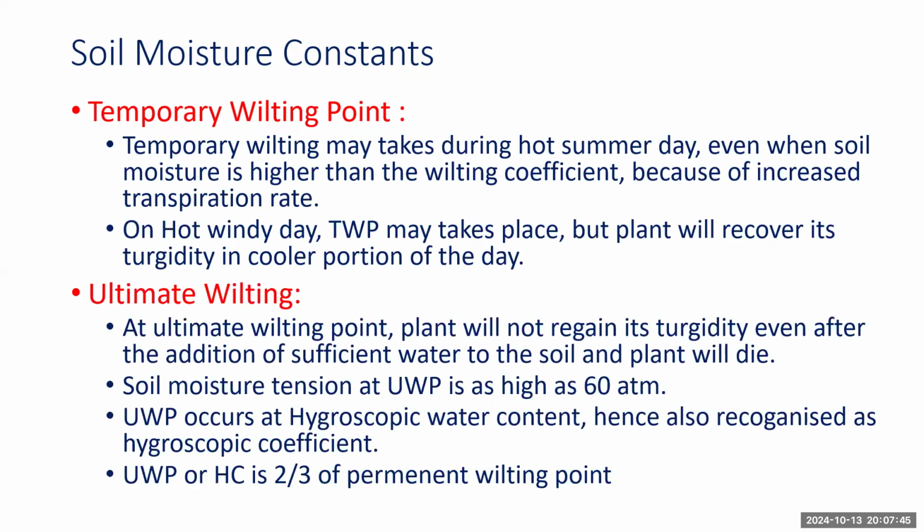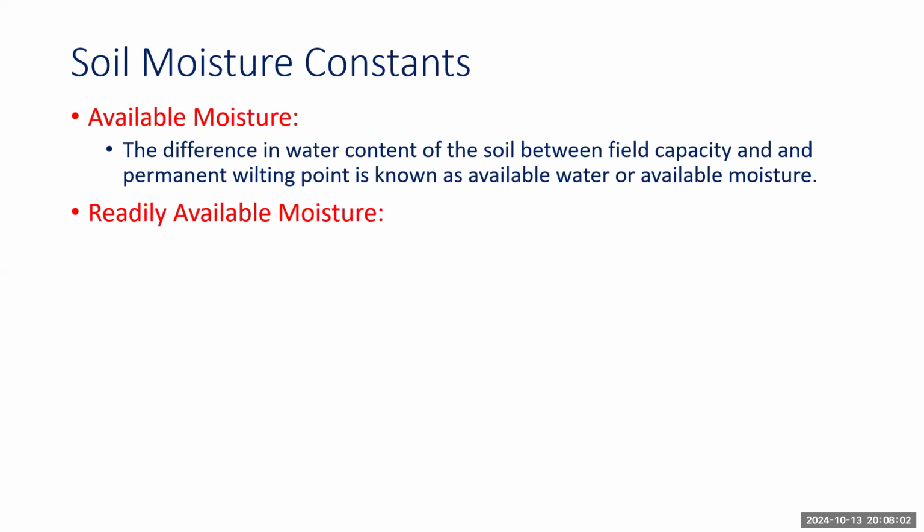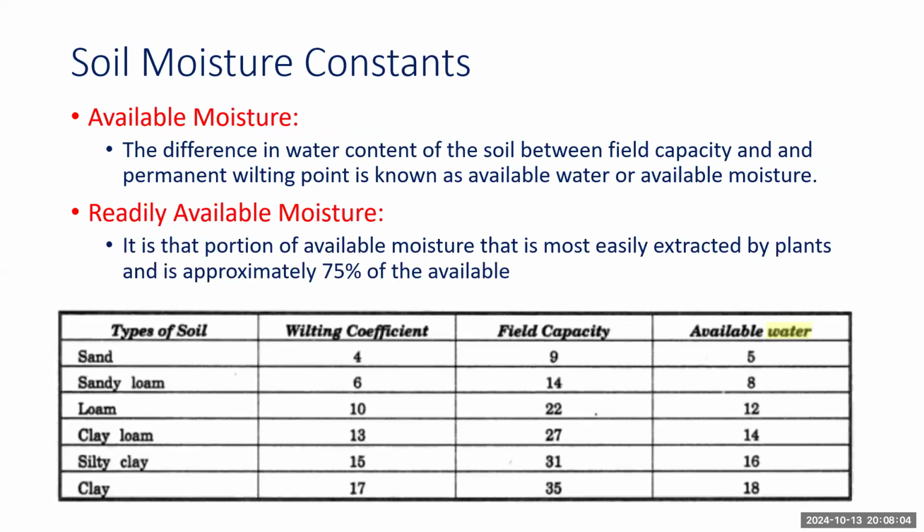And the ultimate wilting point is one more soil moisture constant. It is the moisture contained in the soil at which permanent wilting of crops takes place. If we add water to the soil, the crops will not regain their turgidity.